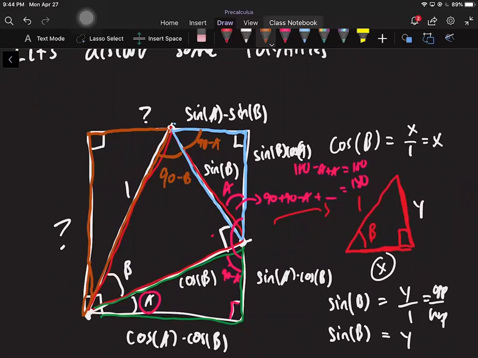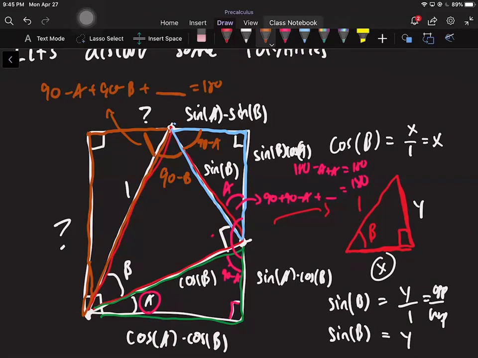So then this angle here is what? How do I figure that out? Well, it needs to add up to 180 for the flat line, because the flat line has to be 180 degrees. So this 90 minus alpha plus 90 minus beta plus something needs to add up to 180.